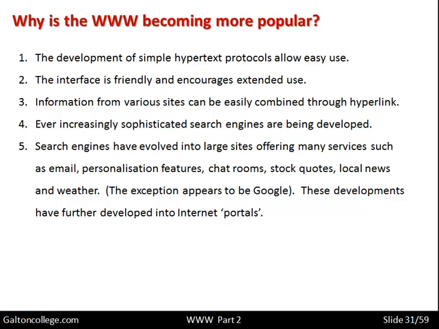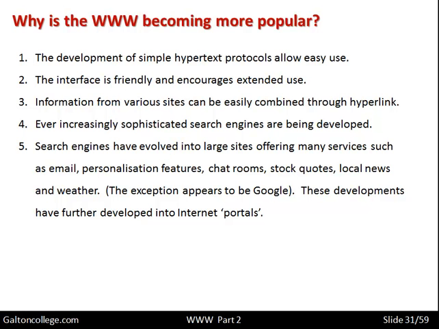Search engines have evolved into large sites offering many services such as email, personalization features, chat rooms, stock quotes, local news and weather. These, by the way, don't apply to Google. And these have developed the idea of internet portals.